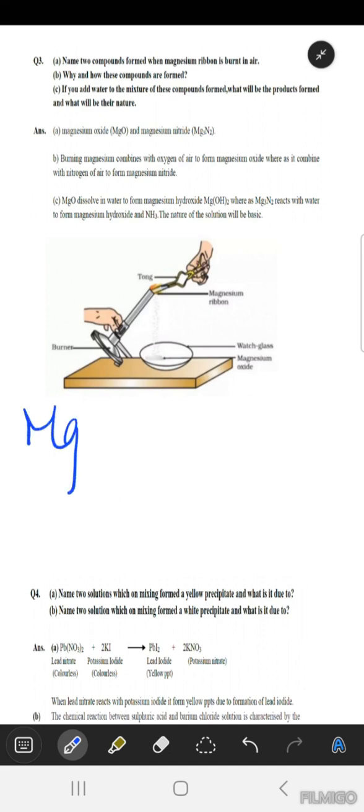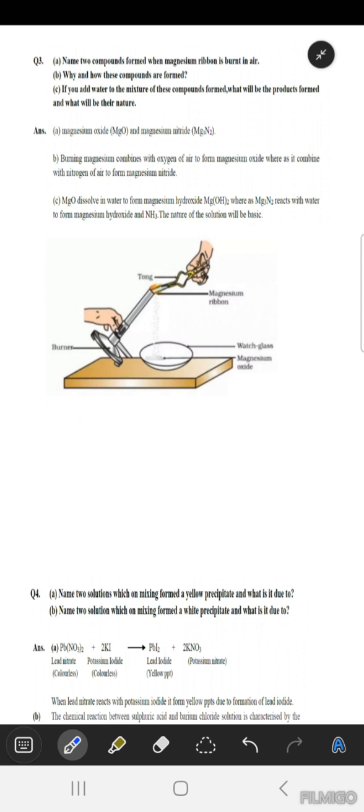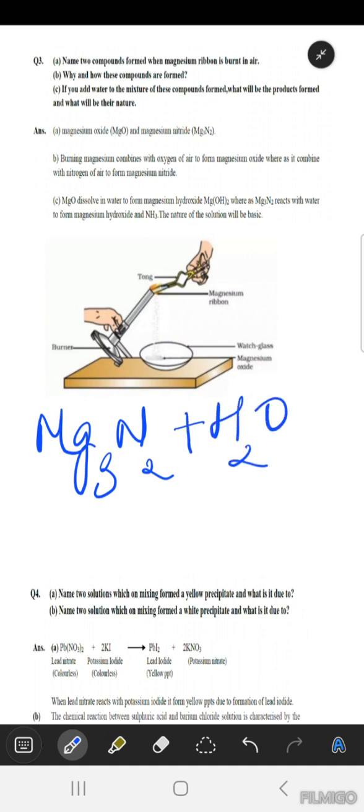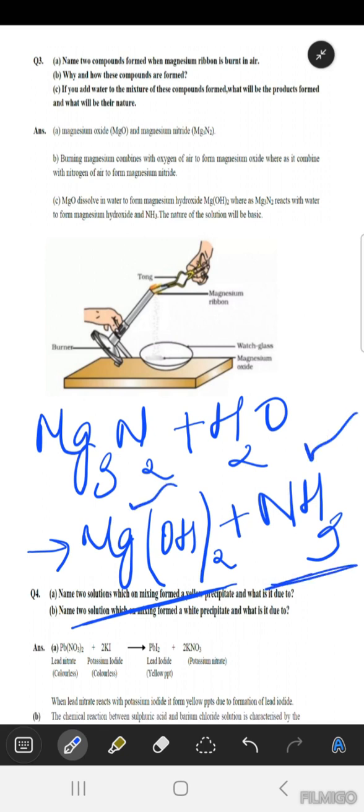When magnesium oxide reacts with water, what we get is magnesium hydroxide. Similarly, when magnesium nitride reacts with water, what we get is magnesium hydroxide, and there is a formation of ammonia as well. So two products are formed, magnesium hydroxide and ammonia.